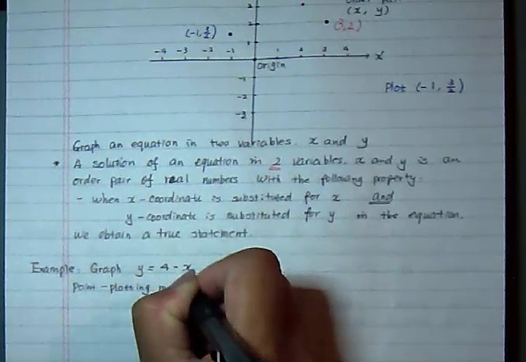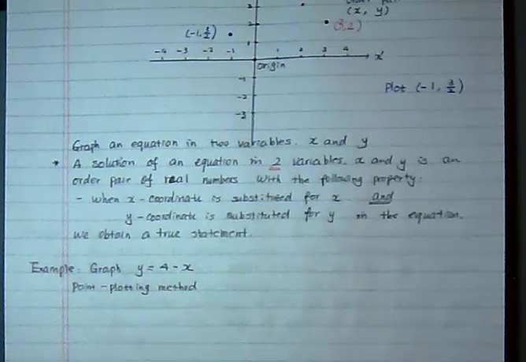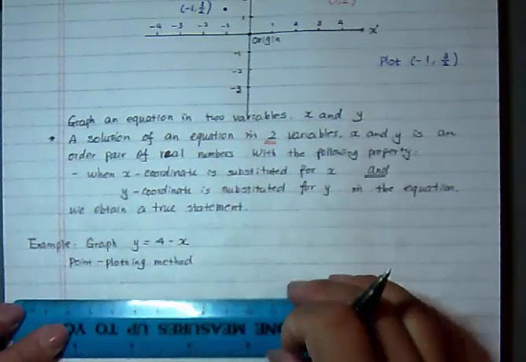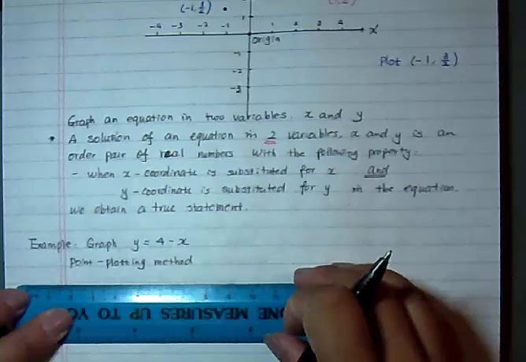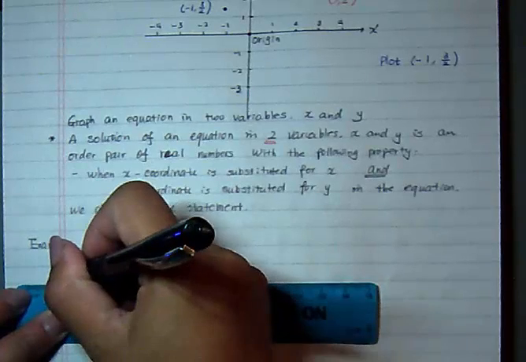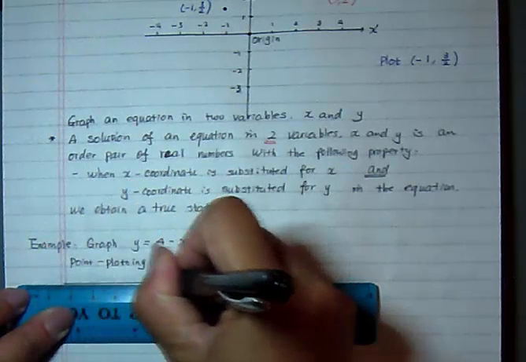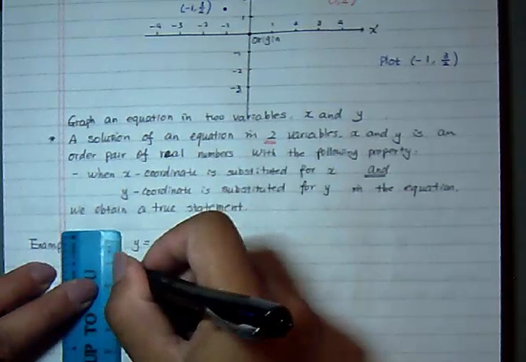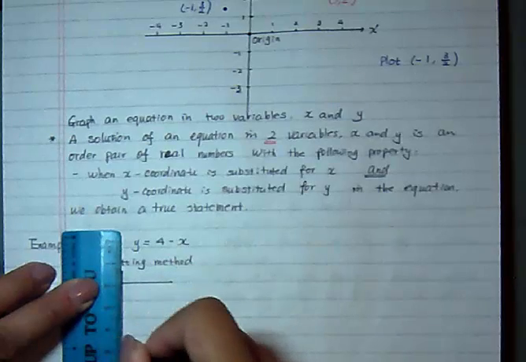As the name suggests, we need to find some points. My suggestion is to find at least 3 or 4 points, so you have some general idea. This is just subtraction, so basically you can use any real number. Of course, sometimes we want to use numbers that are easier to calculate.